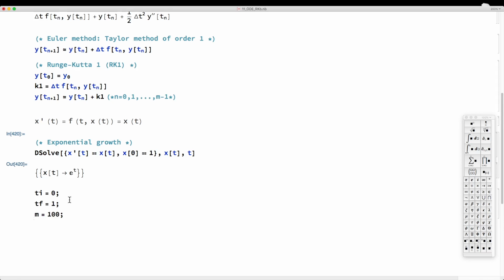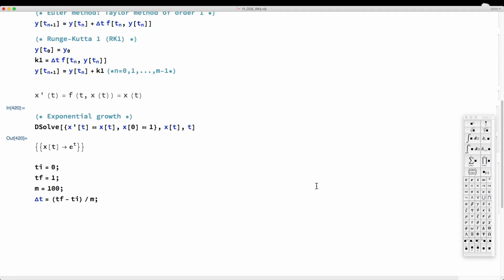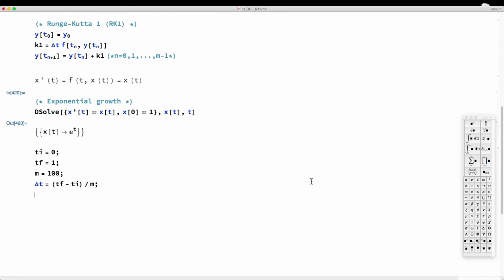So m is the number of time steps that I want to evolve for, and then that means that the time step, I can use the palette to get this delta t, will be given by t final minus t initial divided by the number of time steps m. And then if I want the time stamps or the time moments, I can use the range command.